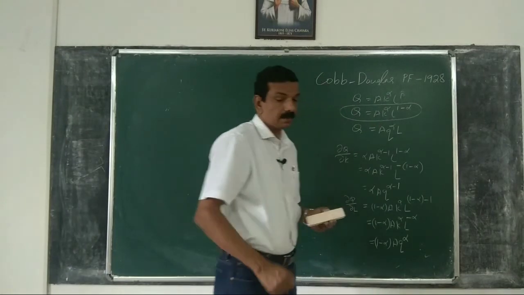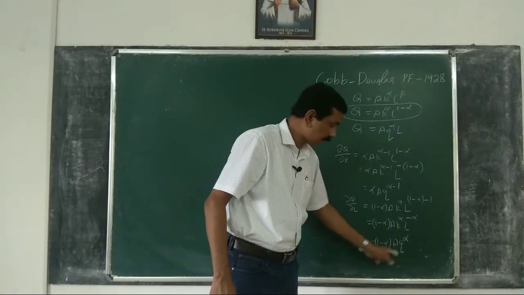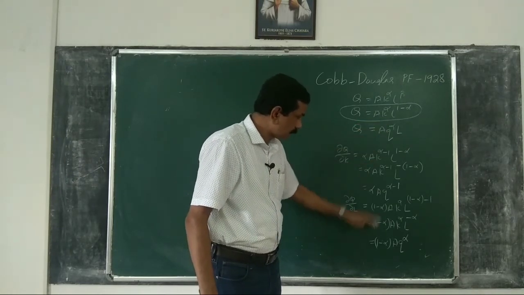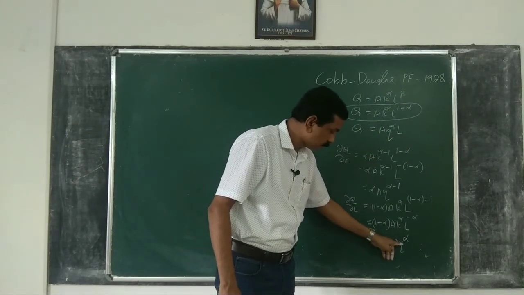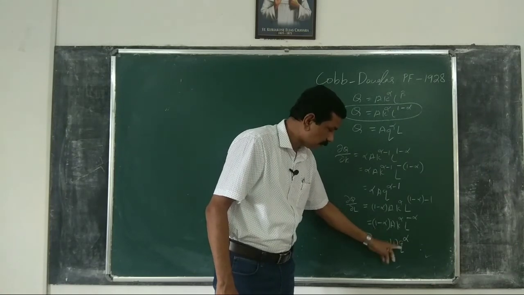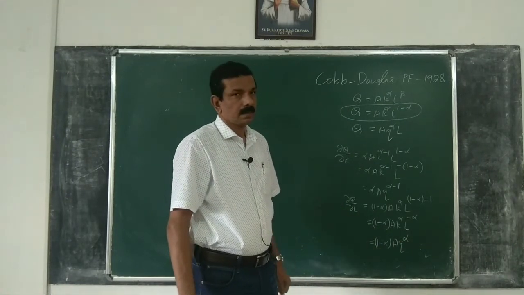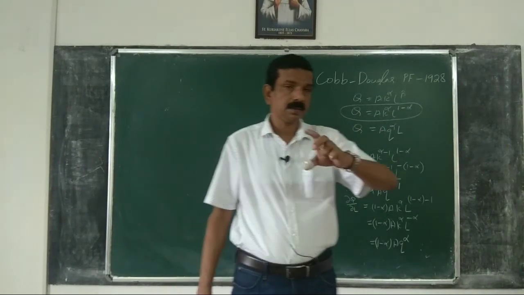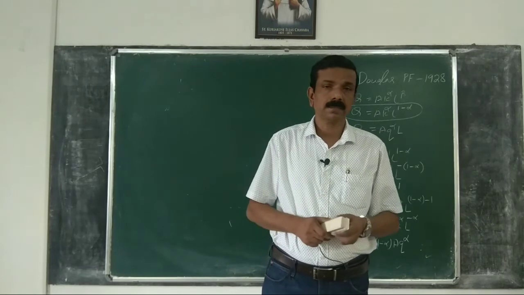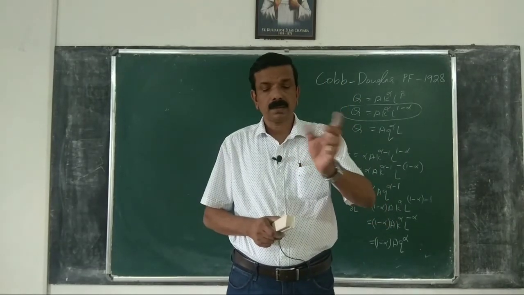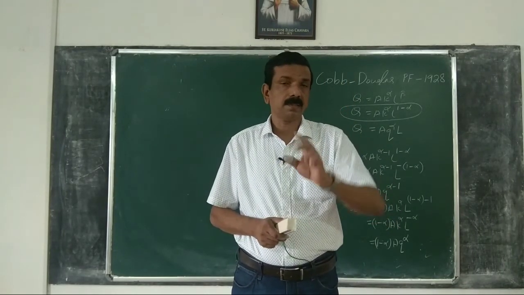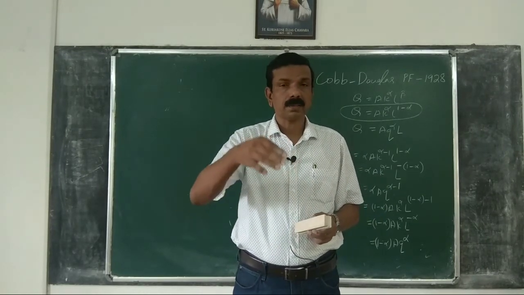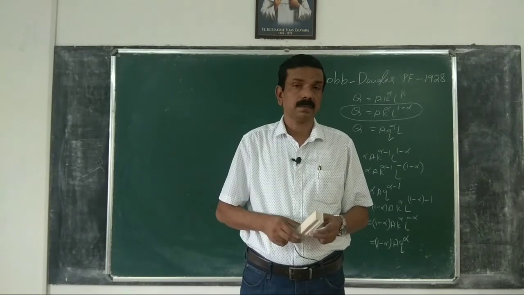So both the marginal products are functions of Q, that is K by L alone. So for a strict Cobb Douglas production function, the first property is that it exhibits constant returns to scale. Second property, both the average products are functions of K by L alone. Third property, both the marginal products are functions of K by L alone.